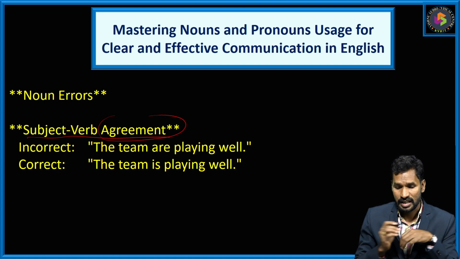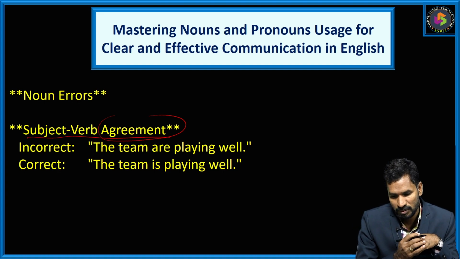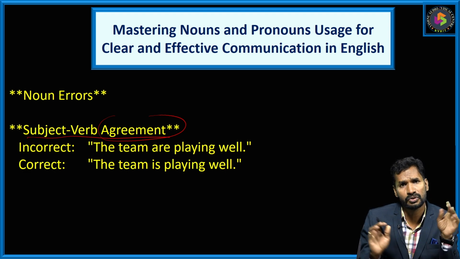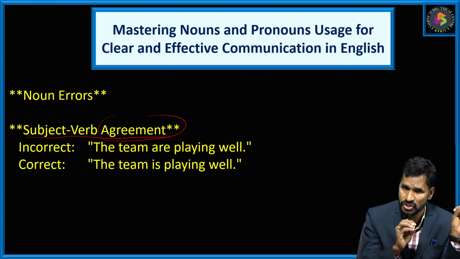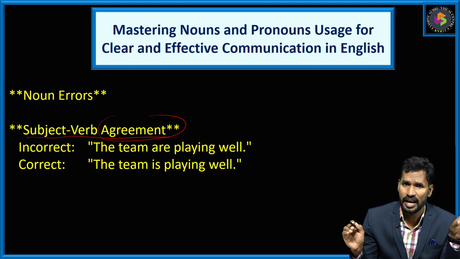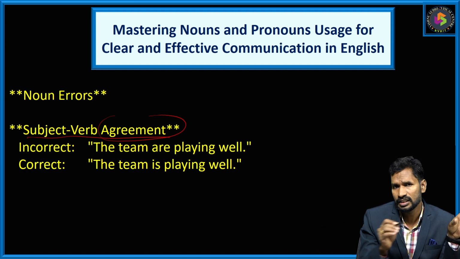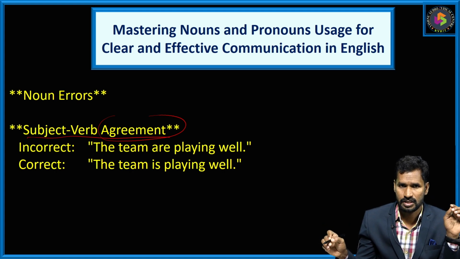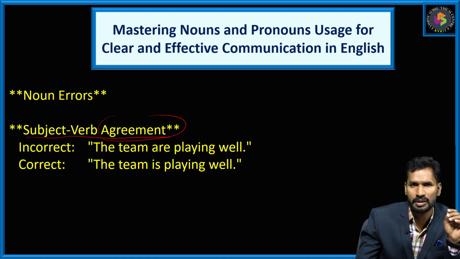Subject and verb agreement ensures that the subject, that is a noun, and the verb in a sentence are properly matched in terms of singular or plural form. If the subject is singular, the verb should add an s, if it is the simple present tense. For example, she likes. Here that's a pronoun, but Raju likes. So subject and verb agreement is very important.